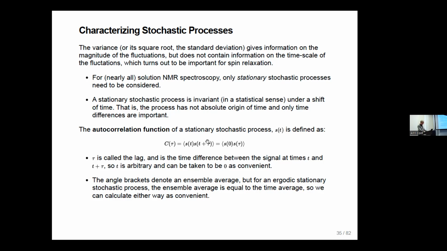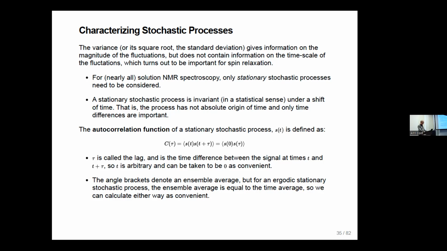So here then is an expression for the autocorrelation function of a stationary stochastic signal. We have the signal at some arbitrary time t times the signal at time t plus tau, and then we average that.